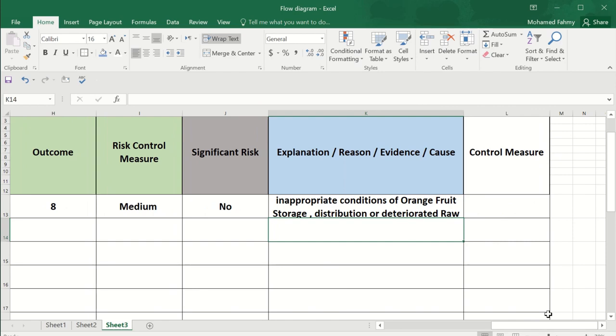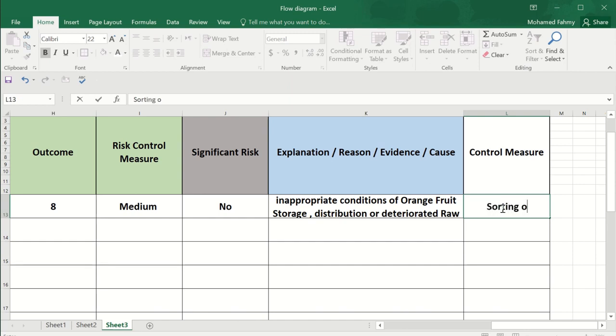So what are the control measures? The control measures are the sorting of orange and dealing with an approved supplier.